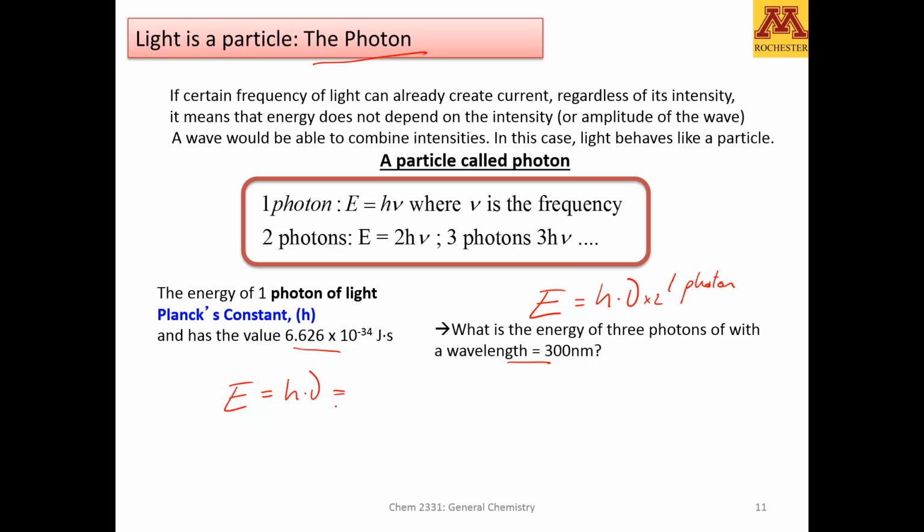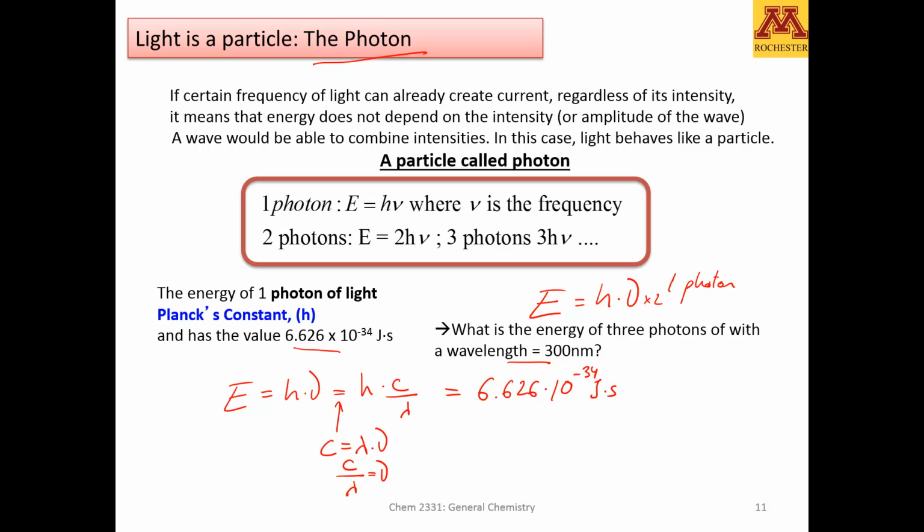So what we know is that the speed of light is the wavelength times the frequency. This means that frequency is equal to the speed of light divided by the wavelength. So there you go, c divided by wavelength. So we just need to substitute now, because we know everything else, two constants and the wavelength.